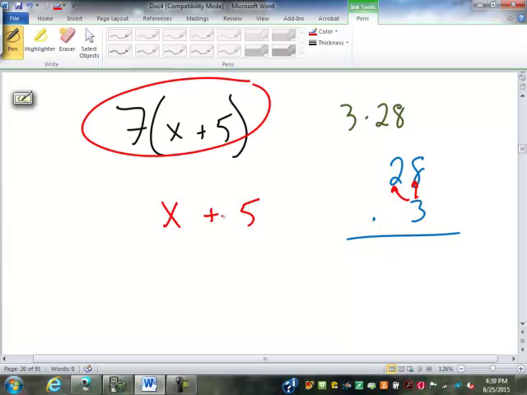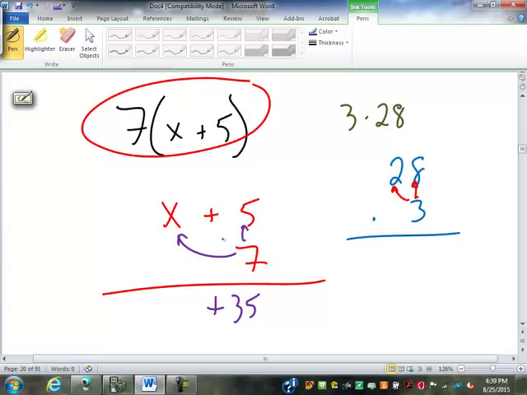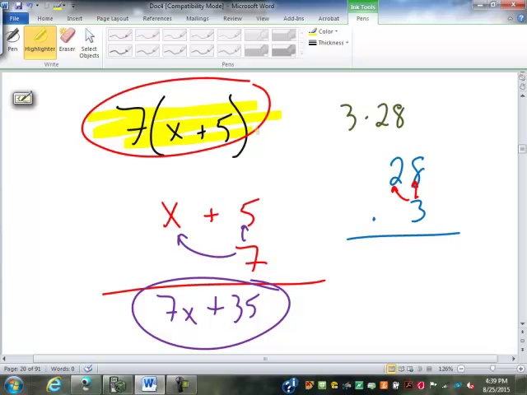I usually put the number with the most digits on top, that's the x plus 5, times 7. 7 times 5 is 35, so positive 35. 7 times x is 7x. 7x plus 35. Now, some of you might be looking at this here and thinking, we were taught to do something called distributing.